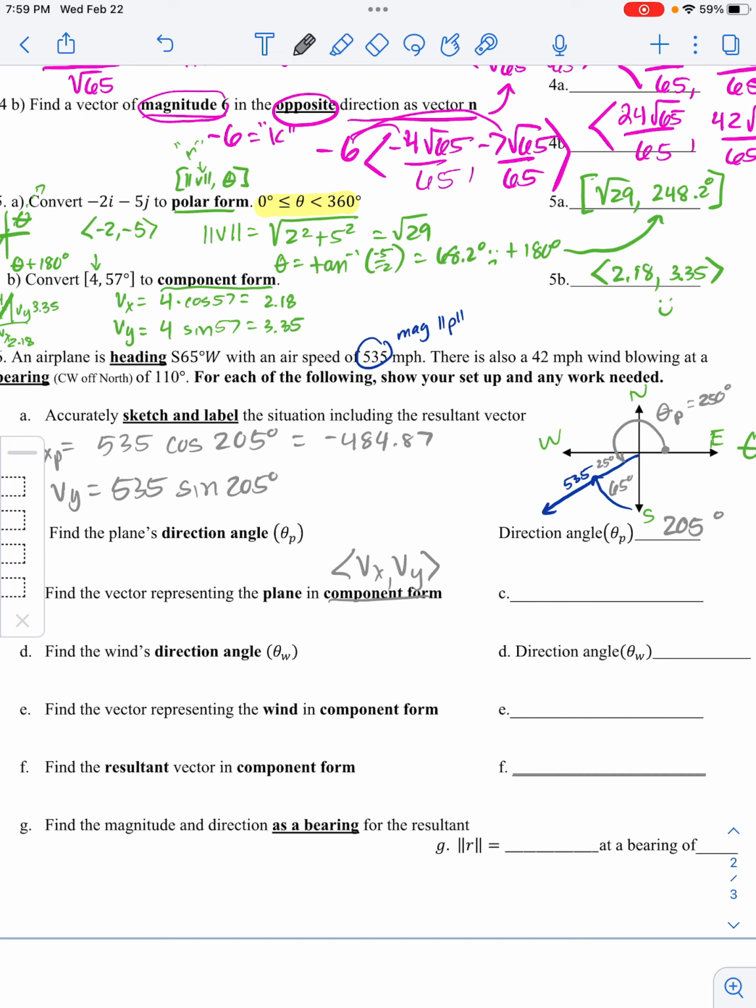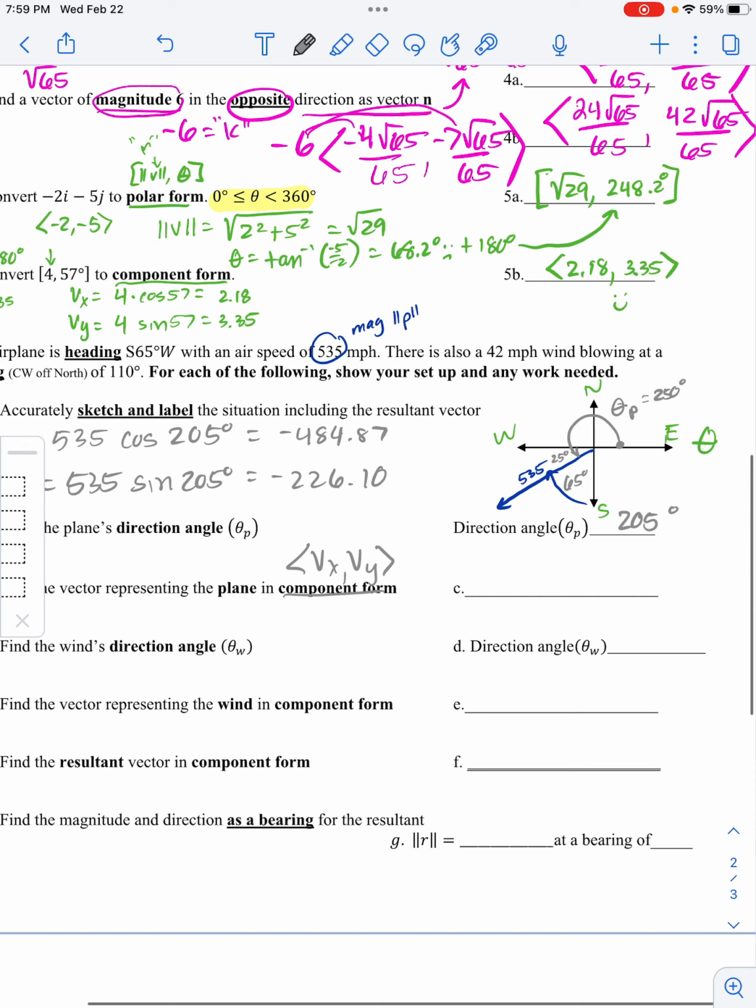And when I do the same but with sine of 205, I'm landing at negative 226.10. Okay, does that seem right? That I would be going to the left, negative 480, and down 226 to get that right triangle. Seems logical to me. So this is my x component and my y, both negative because I'm in quadrant 3. Makes me happy for the airplane.